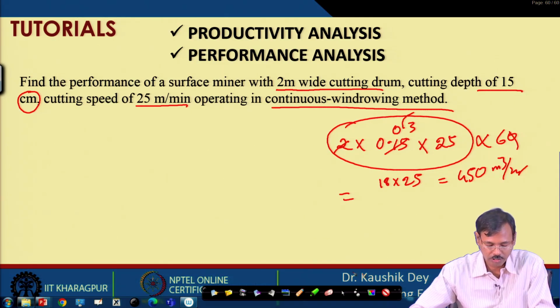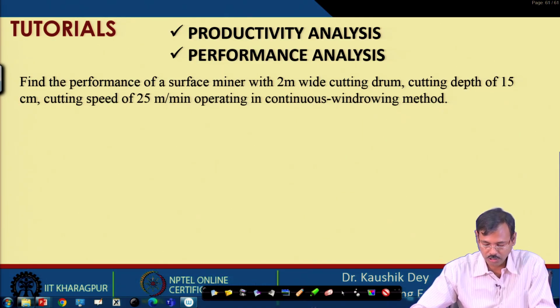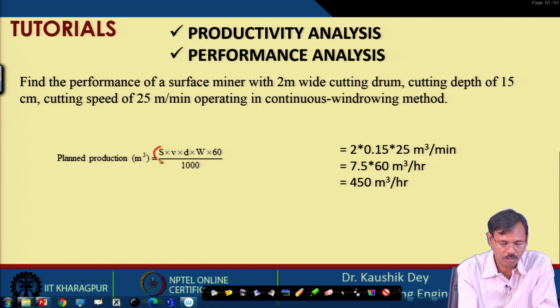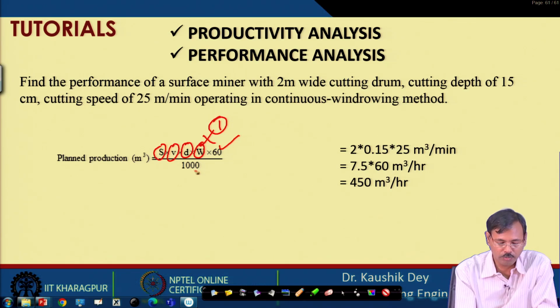Now let us look into the solution. We have used this formula S into V into D, W is replaced with 1 and 60 is for minute. 1000 is no more applicable because here we have considered centimeter, so 1000 will be changed to 100.